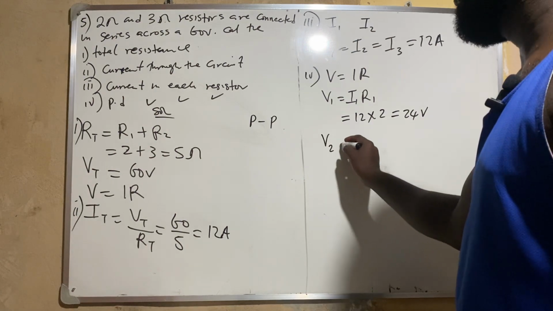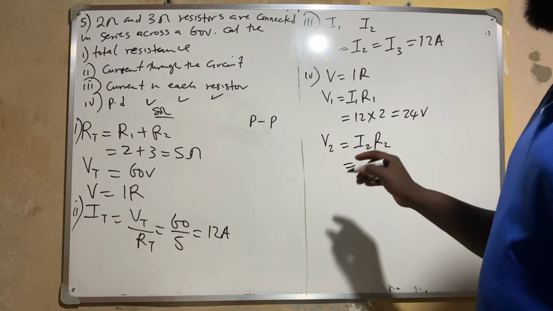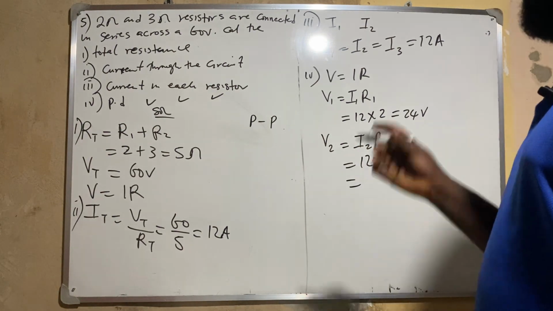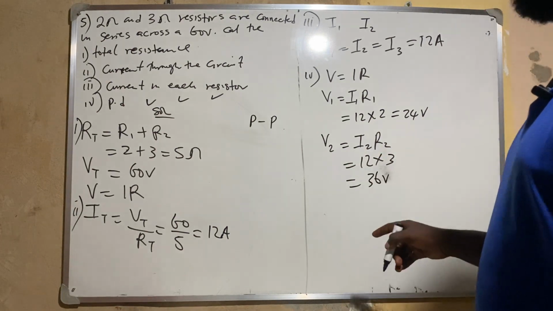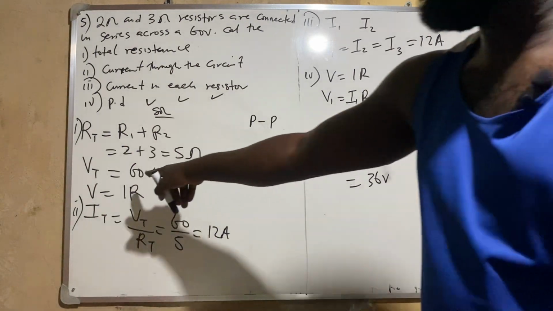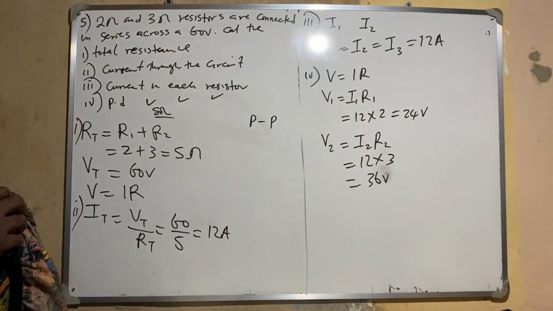My V2 will be I2 R2, I2 is still 12 times my R2, 3, which is 36 volts. If you add 24 plus 36, it must give you the total, 60 volts. It's a must.